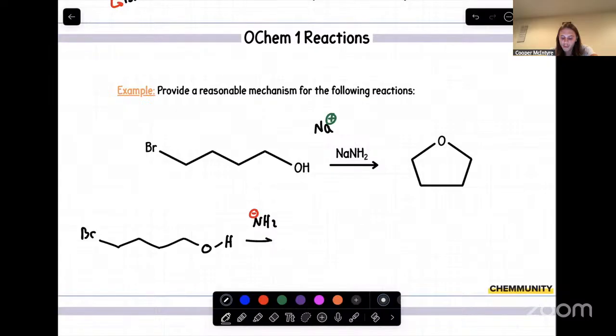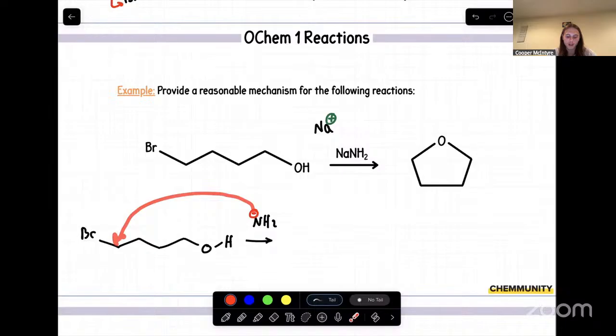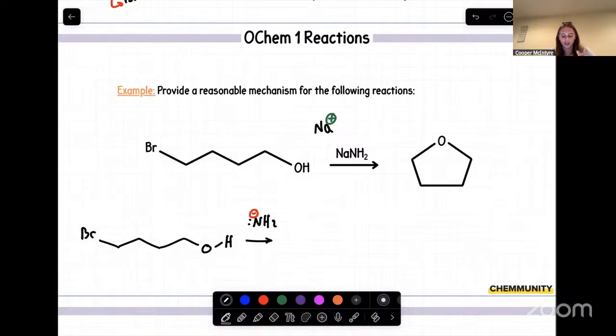So if we remember how I was talking about that our amide ion can act as both a nucleophile and a base, it does have the opportunity to attack this carbon right here, but it's not going to because it wants to undergo an acid-base reaction first because those happen a lot faster. So our lone pair will steal our hydrogen, and then our electrons between the bond will fall back onto oxygen.